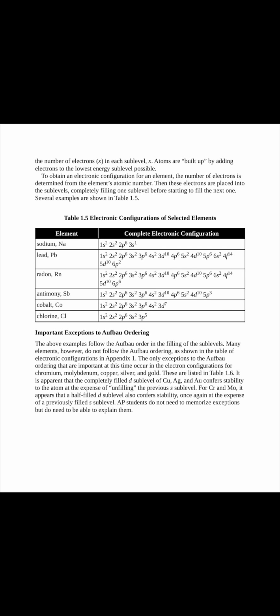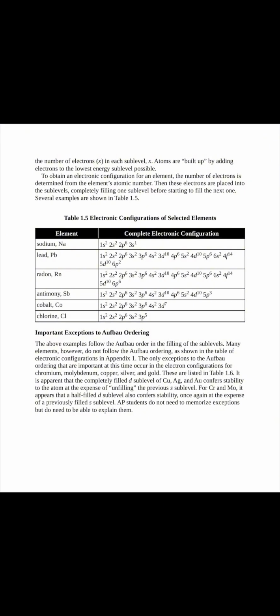Table 1.5, electronic configurations of selected elements. The table lists several elements along with their complete electronic configurations. For sodium, which has the chemical symbol Na, the complete electronic configuration is 1s2, 2s2, 2p6, 3s1.